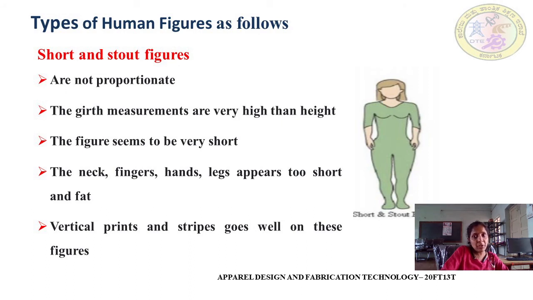So in dressing, however our figure is, we should have judgment, and accordingly we should try the clothes, so that they hide our erectness or abnormality. For this reason, dressing or designing is very important. So a fashion designer should study all the different types of figures, and accordingly plan or design clothes for them.